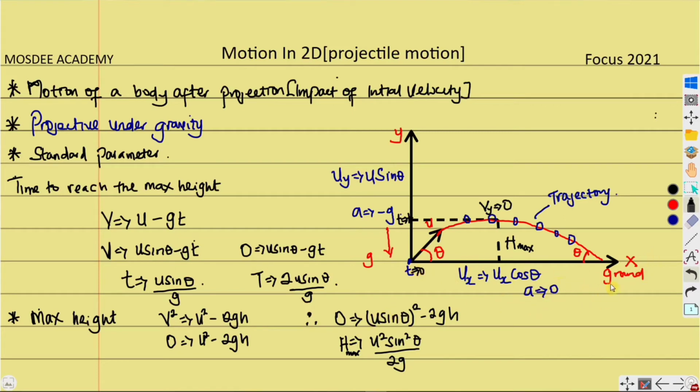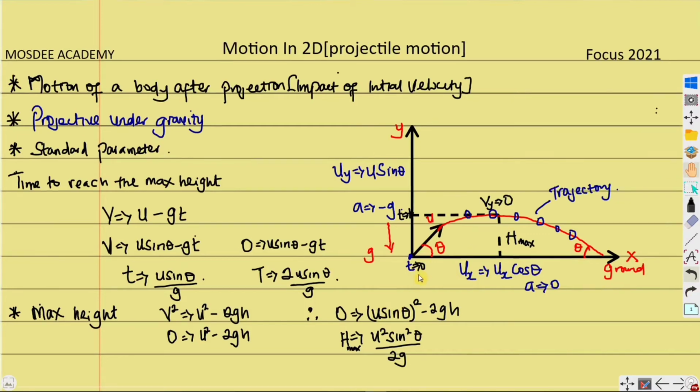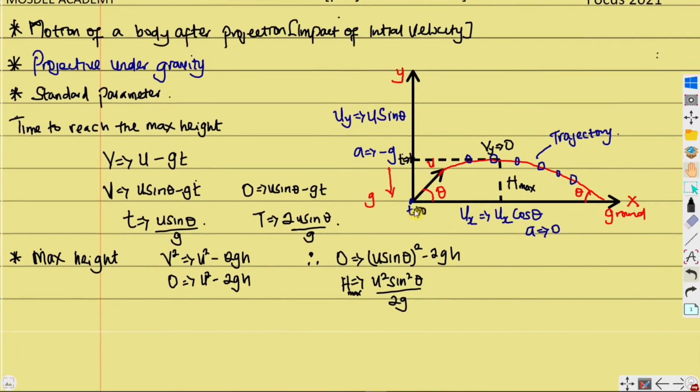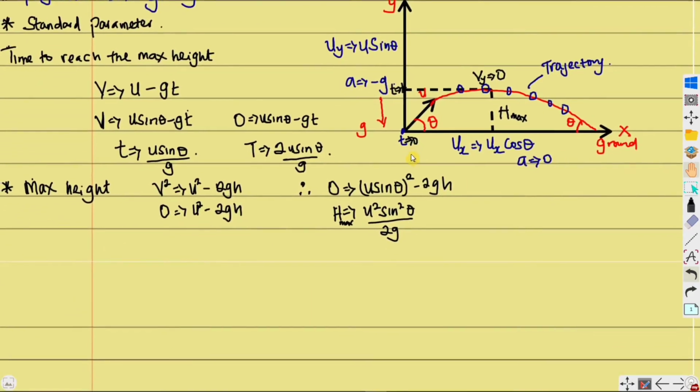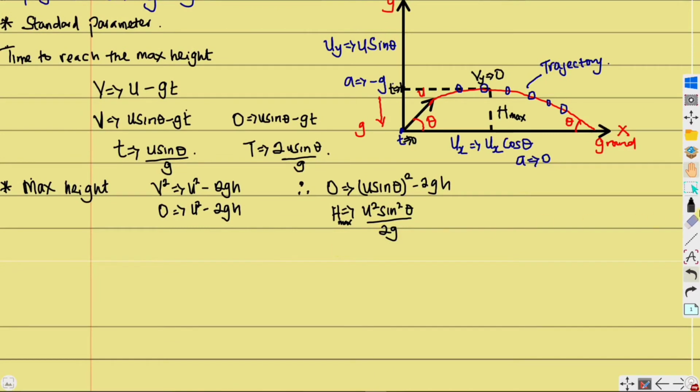Now let us quickly analyze the range of a projectile motion. Doing so, we are going to move this up a little bit for understanding of the last concept. The next standard parameter we are going to discuss, like I said, is range, or if you like, horizontal range.